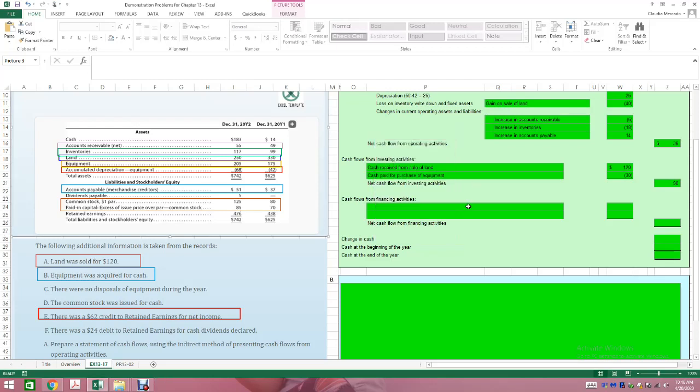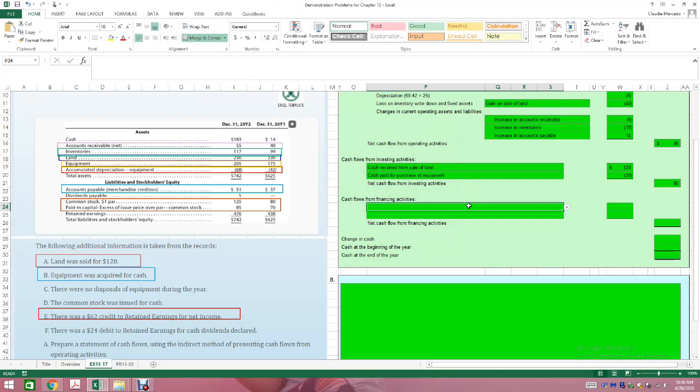So, cash received from the sale of stock was $60. We got that by calculating the year over year increase in these two accounts. From 80 to 125, that was a $45 increase. From 70 to 85, that was a $15 increase. So 45 plus 15 gives you the $60 right here.